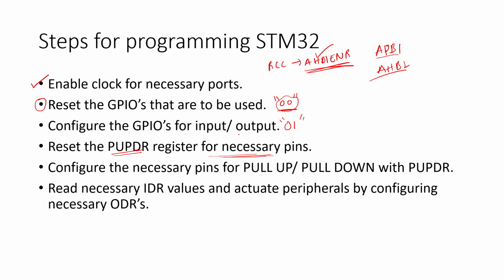Based on your requirement, you need to configure the PUPDR register for that particular pin. After resetting the PUPDR register, you have to configure the necessary pins for pull up or pull down with the PUPDR register. Once you are done with this, you have to read the necessary IDR.